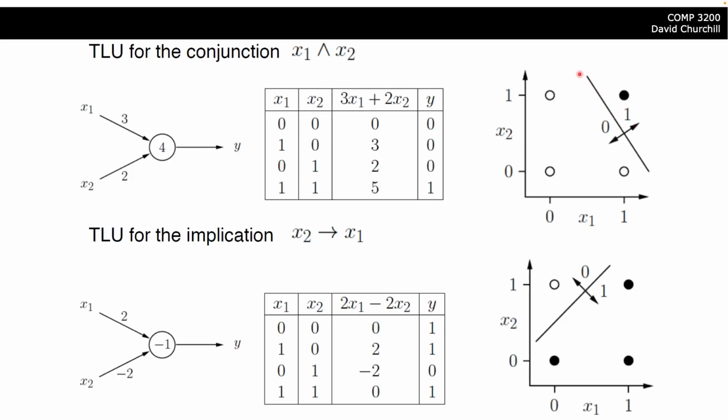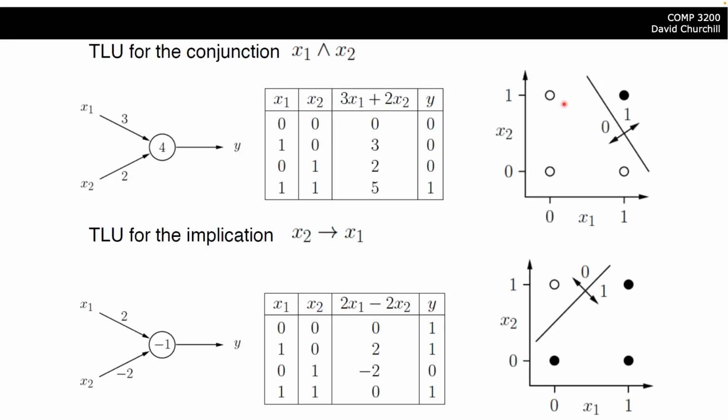So this is the variables: 3 for the weight for x1, 2 for the weight for x2, and 4 for the threshold, literally is this line, which cuts the space in two, and if that cutting of the space in two separates all the 0 inputs from the 1 inputs, then we have correctly made a classifier that is able to output this function.